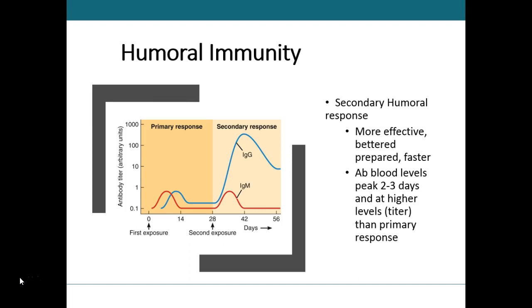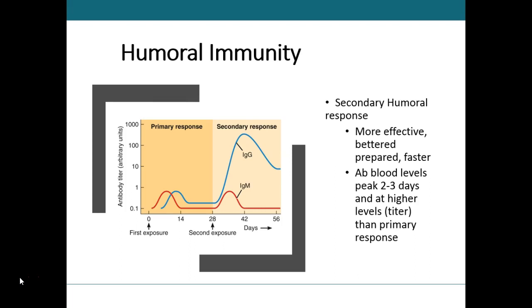Antibodies produced during a secondary response have an even higher affinity or attraction for that antigen than the ones that were produced during the primary response. So they're even more successful in getting rid of that pathogen, getting rid of those antigens. So primary and secondary responses occur during microbial infections.